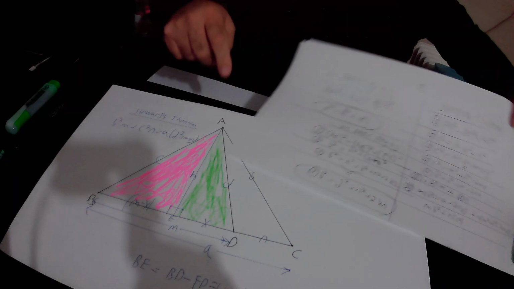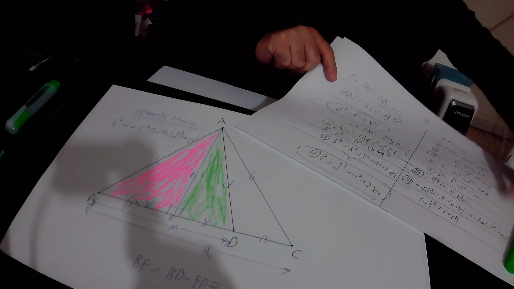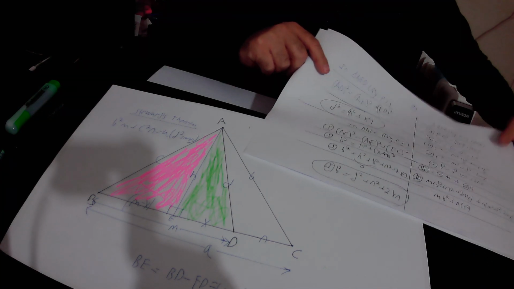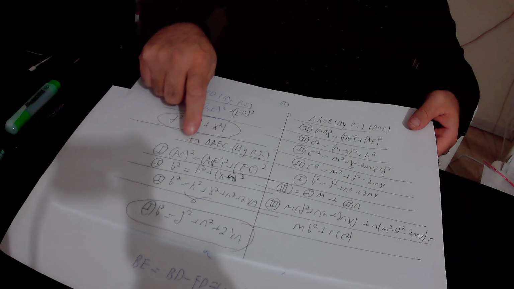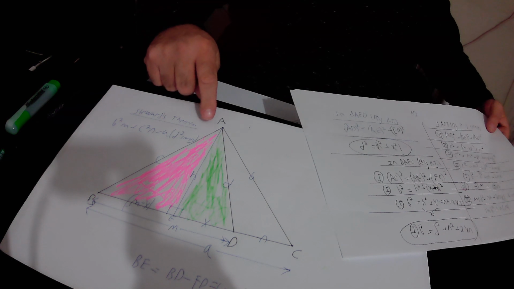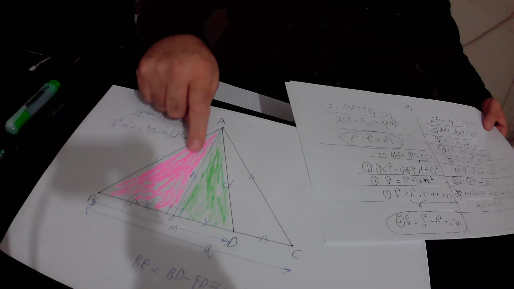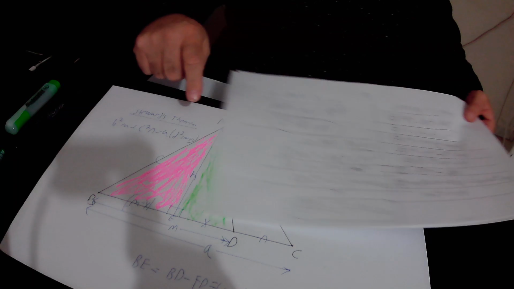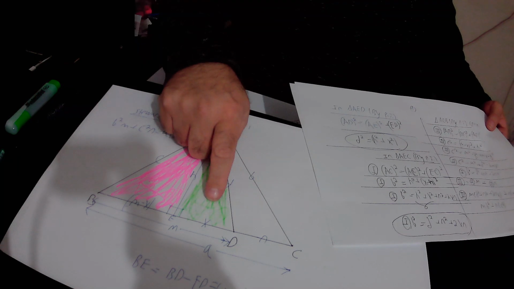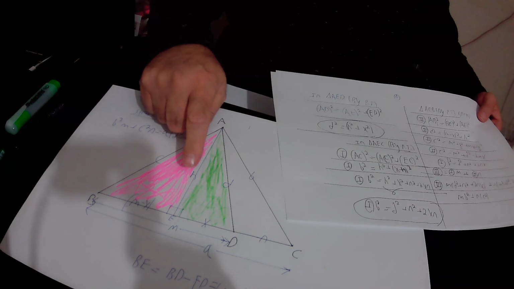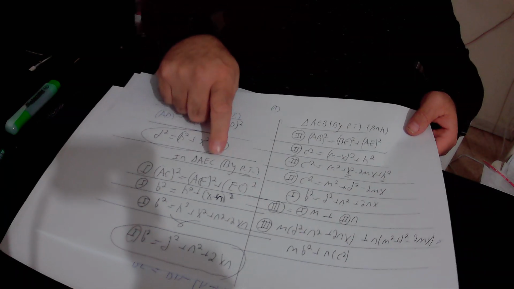AC equals D units in its length, therefore AC square is D square. AE equals H, therefore AE square is H square. And finally, EC equals X plus N units in its length, therefore EC square equals X plus N square.